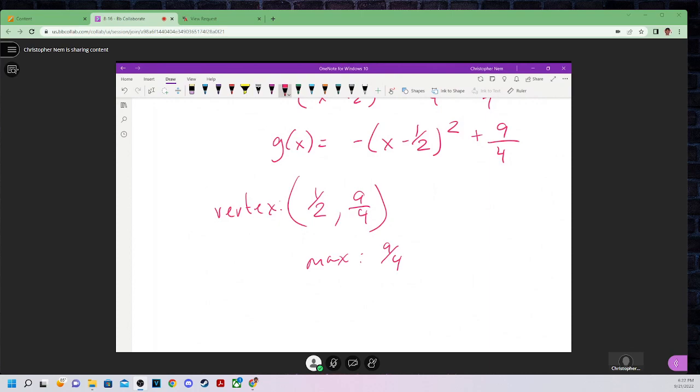And then lastly, I hinted at other ways to calculate your maximum. The idea is not to actually do all of completing the square, but you can only do half of it. Technically speaking, if you do half of completing the square, you can easily find your max.